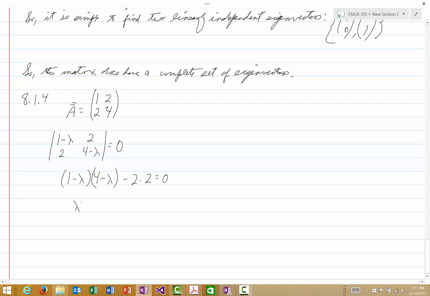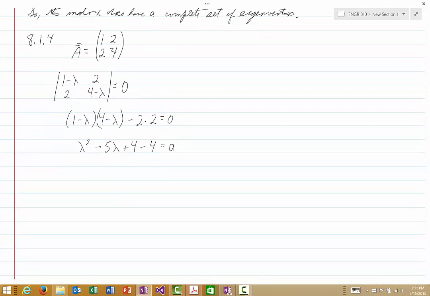And so this says lambda squared minus 5 lambda plus 4 minus 4 is equal to 0. And therefore lambda squared minus 5 lambda is equal to 0.